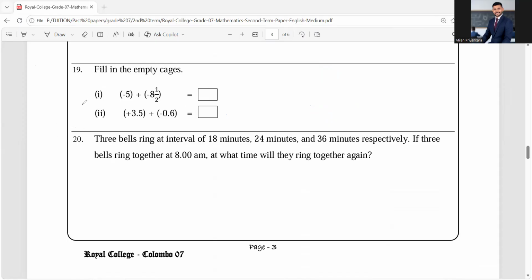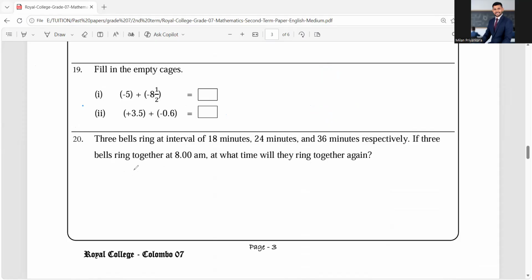3 bells ring at intervals of 18 minutes, 24 minutes, and 36 minutes, respectively. If the 3 bells ring together at 8 a.m., at what time will they ring together again? Here you see, this is a least common multiple problem, right? Actually, what you think is this.